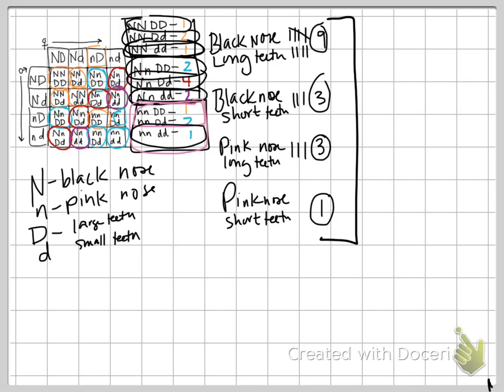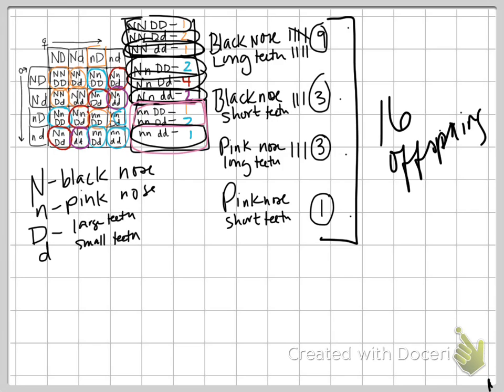How many hypothetical offspring are we showing here? 9 plus 3 plus 3 plus 1. 16. 16 offspring. How would we figure out the percentage that would be expected to have dominant phenotype for both characteristics?